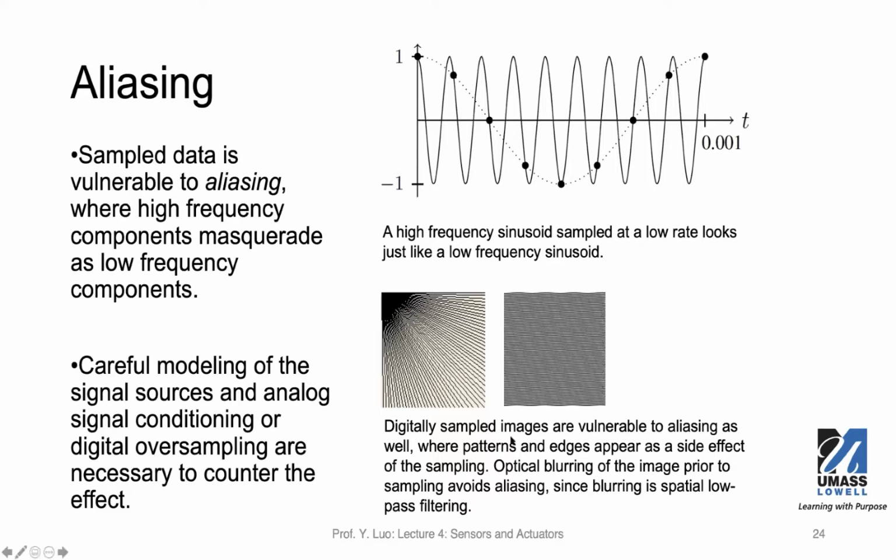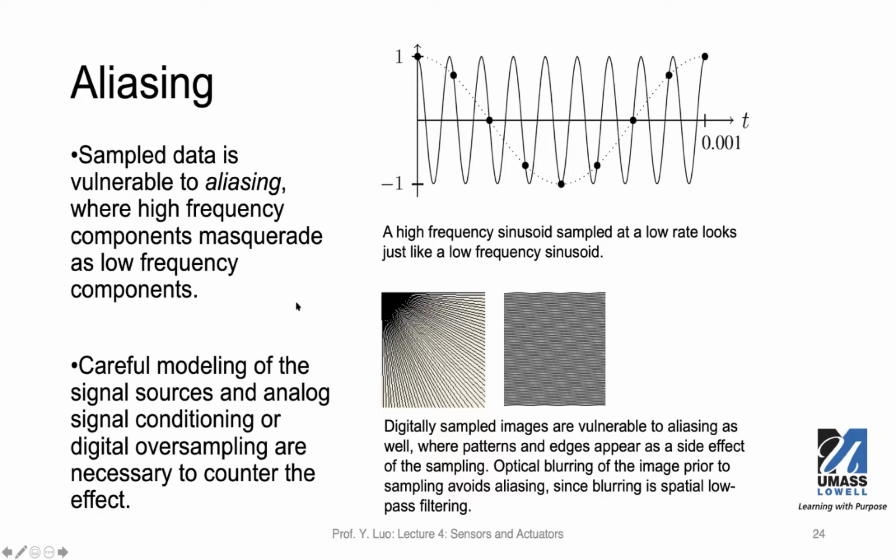Here, for example, we have two images, and the sampled images also show an aliasing effect, because you can see pattern edges appear as a side effect. You will see this blurring in images as opposed to a clear image of what's captured by the image sensor.